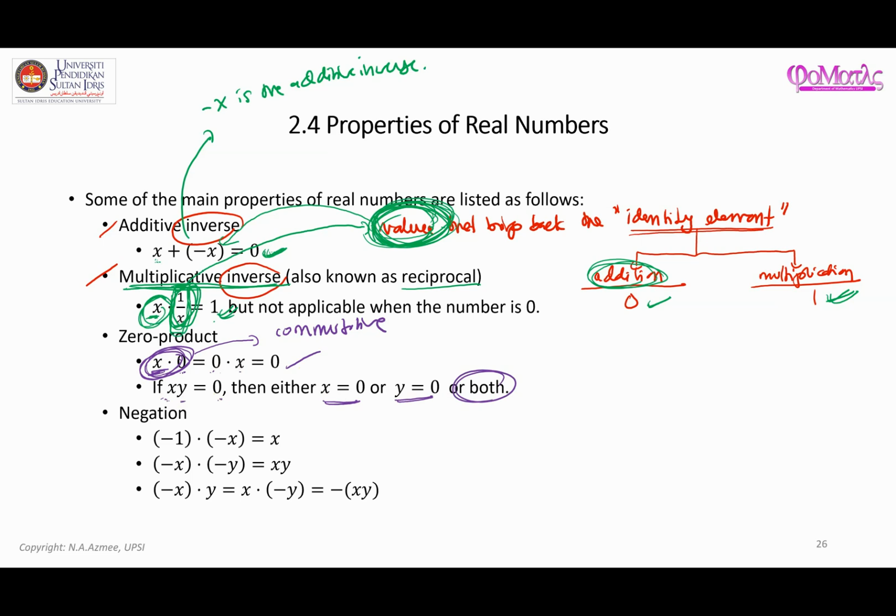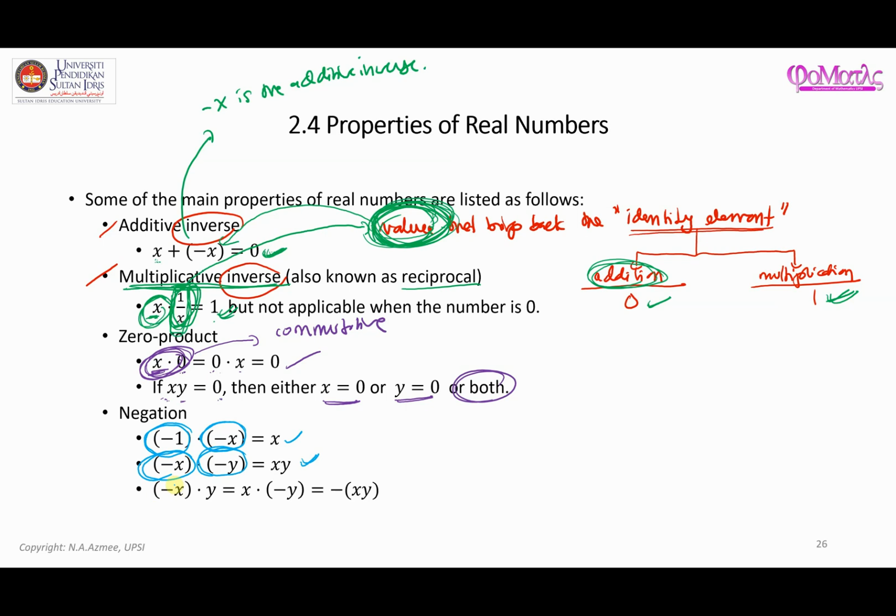Now, let's talk about the idea of negation. When you have -1 times negative x, the result is going to be positive x. Similarly, if you have a negative real number times another negative real number, the result is going to be positive, which is positive xy.